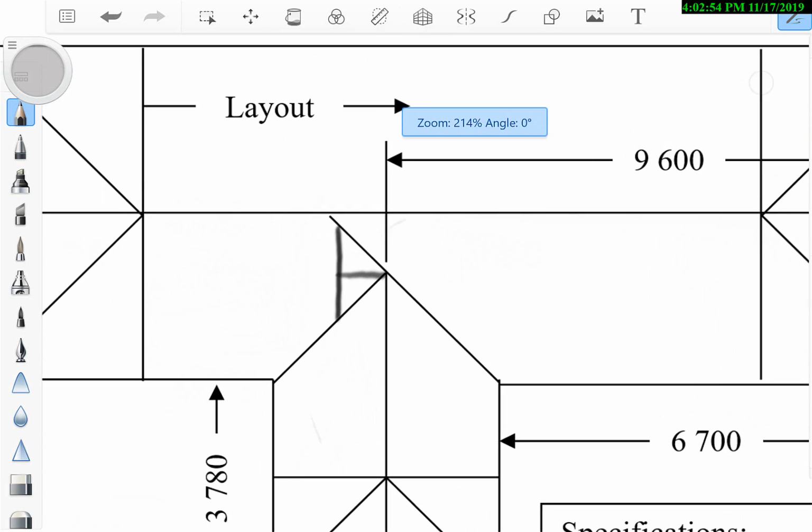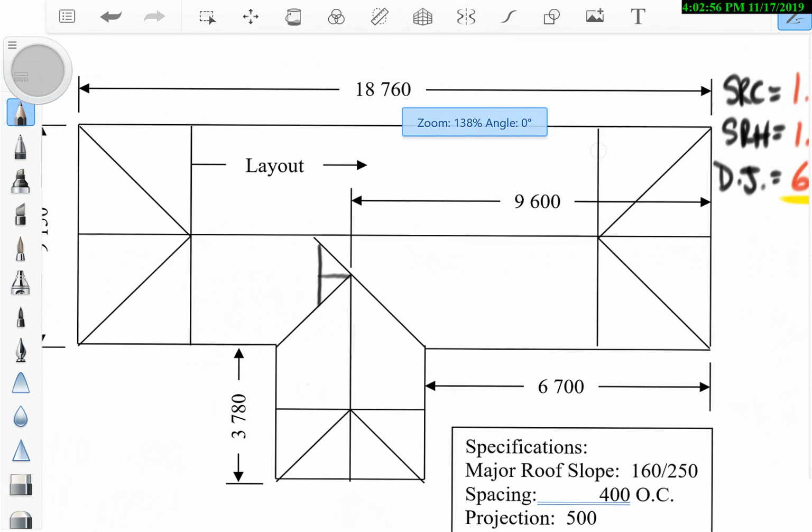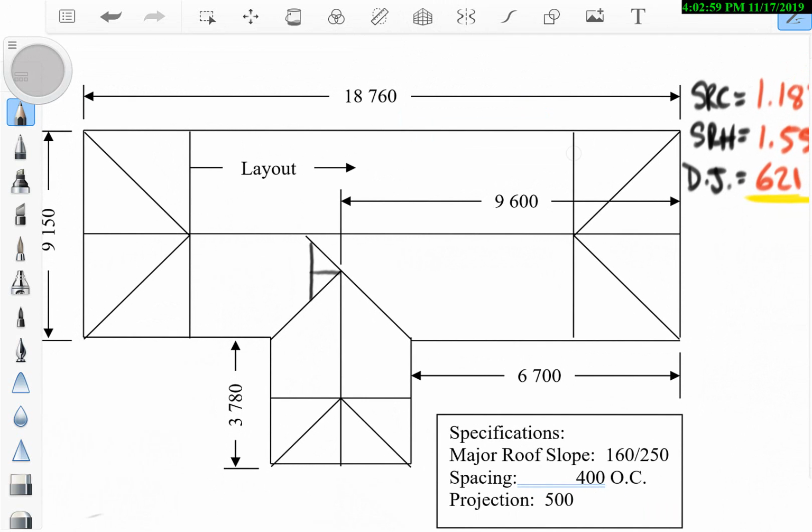So I'm going to zoom in on this. Well, actually, I've already calculated a couple of dimensions that we have here. We need the distance from the layout point to the supporting valley, and then we need the distance from the layout point to the minor ridge.